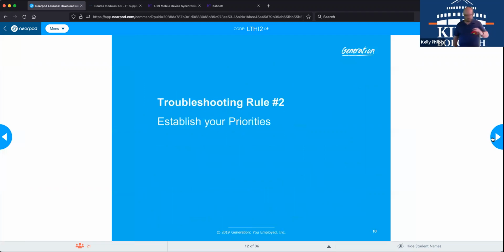So after we've worked through this process and identified what our problem is, the next rule is we want to establish our priorities. If there are multiple issues going on in the system, in what order do we want to tackle them? Because some of them may be symptoms, but not necessarily the root cause. Especially with network issues, a lot of times you use what's called the OSI layer, which we'll talk about a little later.